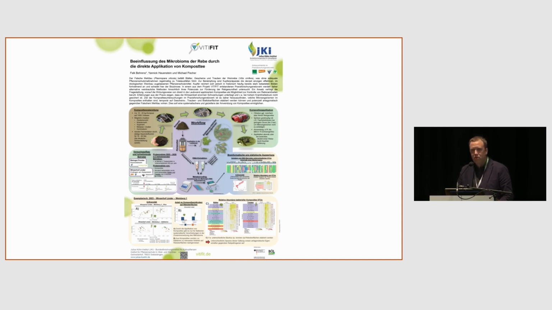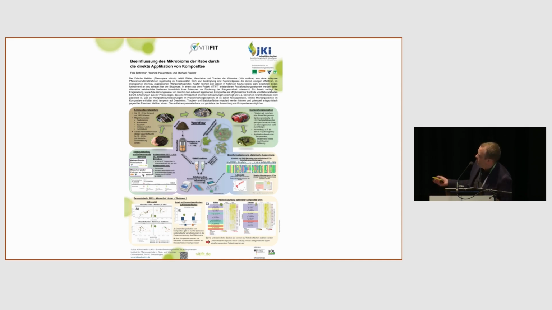We also want to look at which of these microorganisms may have an antagonistic effect against pathogens, in particular the downy mildew. We found, even though it's difficult to read here, that there is a systematic shift of the microbiome on the grape and the leaves, particularly when it comes to bacteria.